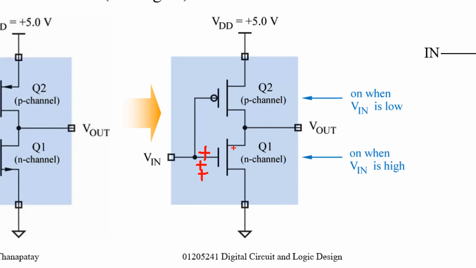Then the channel will be generated. That means this point and this point short together. So this point is 5, and this point is 0, okay, 0 volt or ground. This point then becomes 0 volt also.